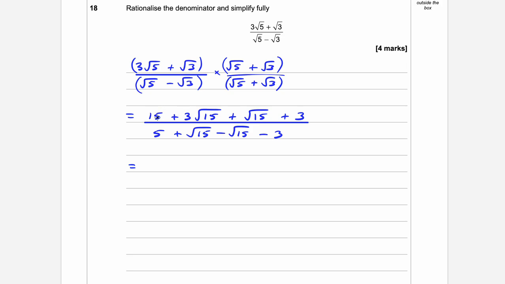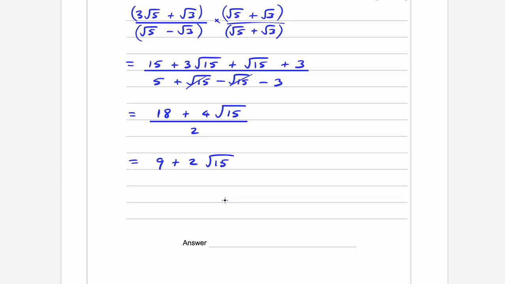Okay, then we're going to add the top. 15 plus 3 is 18, so it's 18 plus 3 root 15 plus root 15 is 4 root 15. And then the bottom is, these cancel, 5 minus 3 is 2. And then simplify this, we get 9 plus 2 root 15.